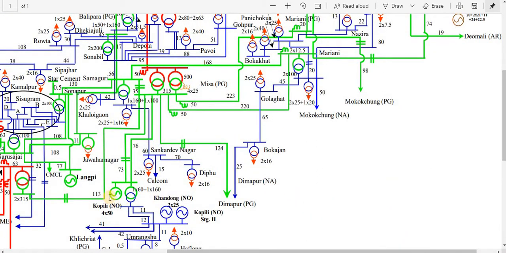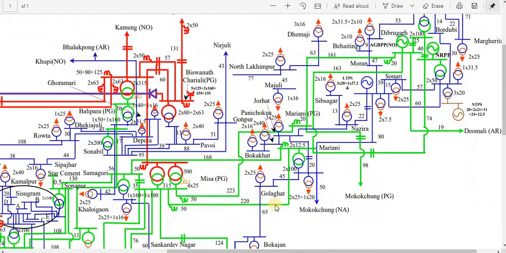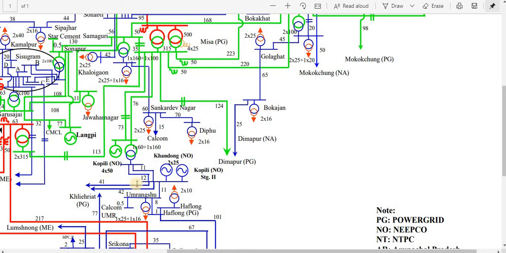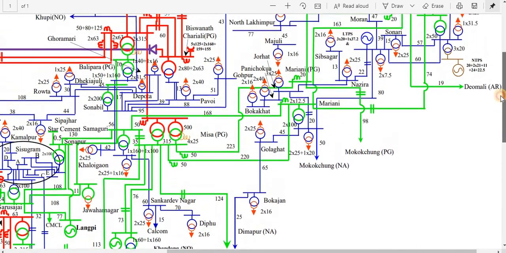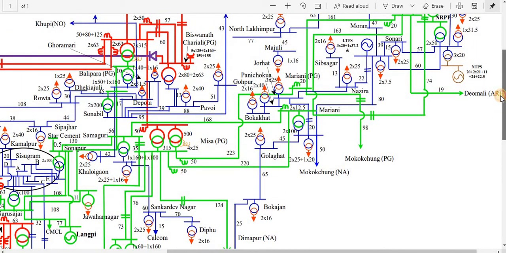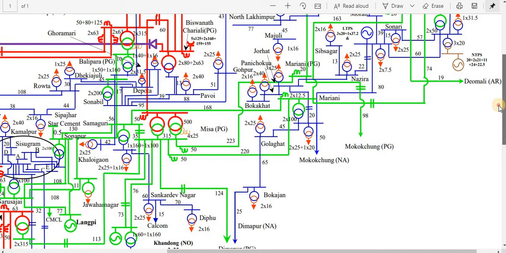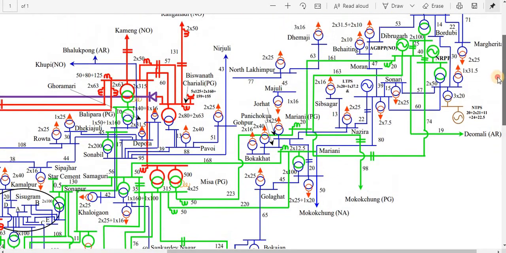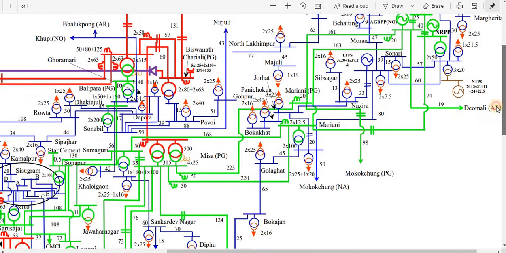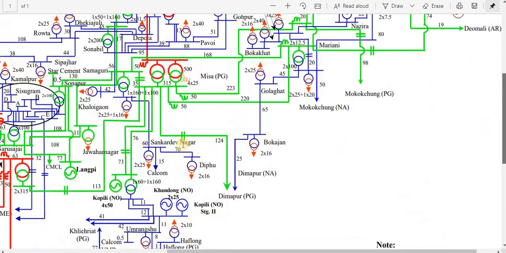So here one Popili and a Langpi are there. Simply, these are the generating stations, but others are basically loads. So the network is a very big network.